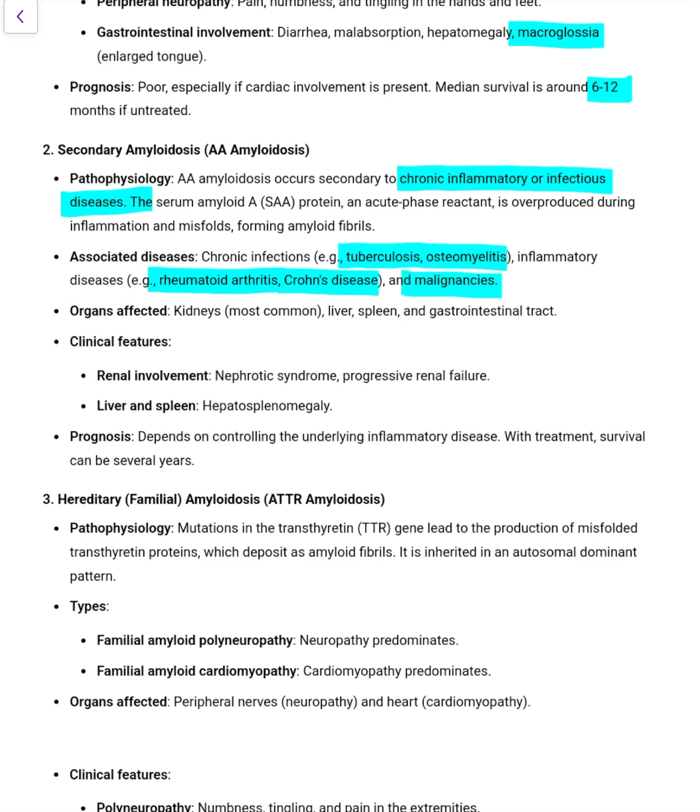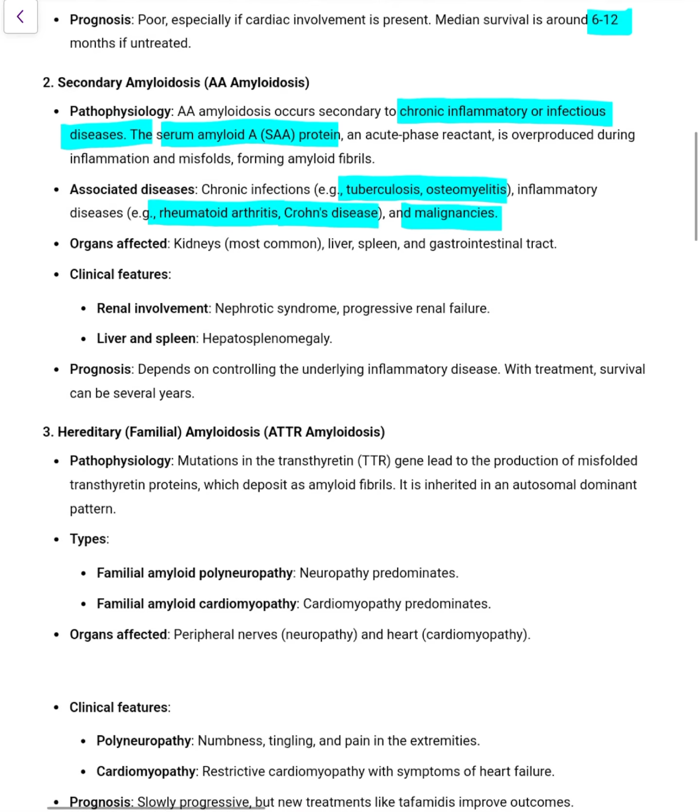This will cause what? Serum amyloid A protein, the amyloid precursor protein, which is an acute phase reactant. Now there is overproduction of this acute phase reactant, serum amyloid A, SAA protein, during the inflammation, and misfolding will happen and lead to deposition of amyloid fibrils.